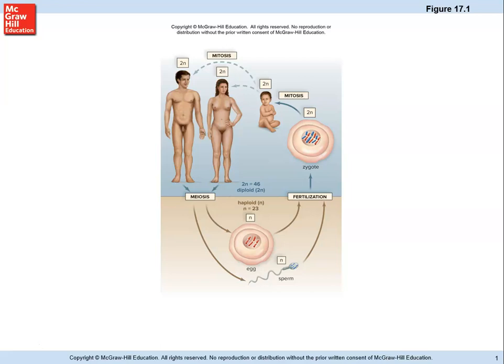So haploid means only one set, so only 23 total chromosomes. That really means one of each chromosome. And so that means daddy's going to contribute a sperm, which is haploid, containing 23 individual chromosomes, and mama contributes a haploid egg containing 23.